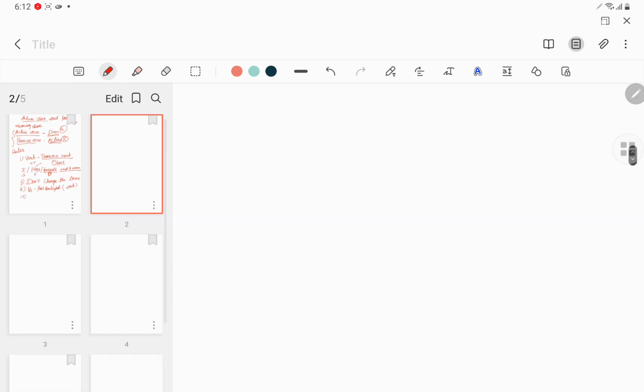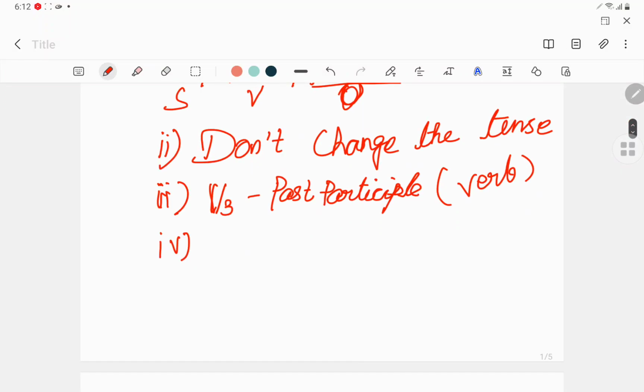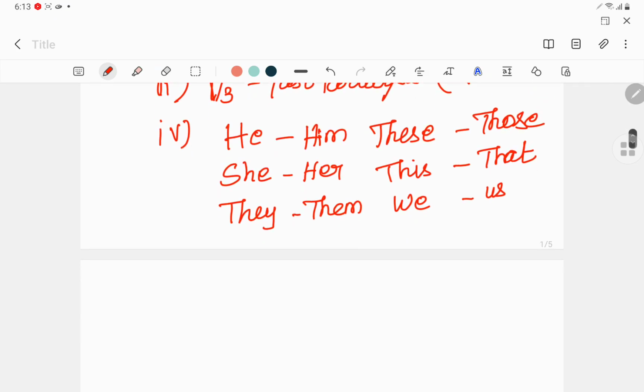Like he will change as him, she will change as her, they will change as them, and then these, those, this, that, we, us, yours. Like that it will change.